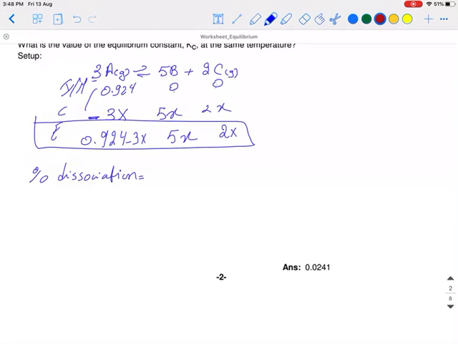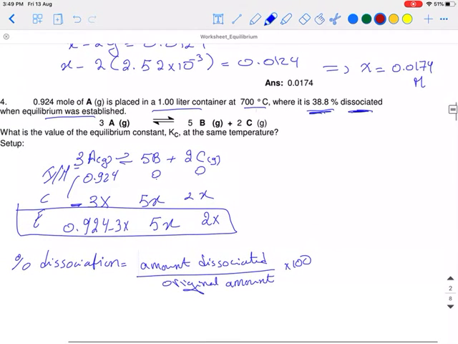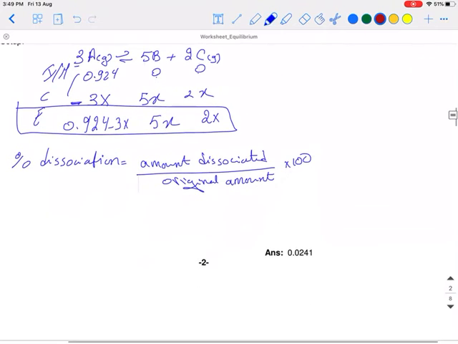of dissociation equals the amount dissociated over the original amount multiplied by 100. The amount dissociated is 38.8, so 38.8.